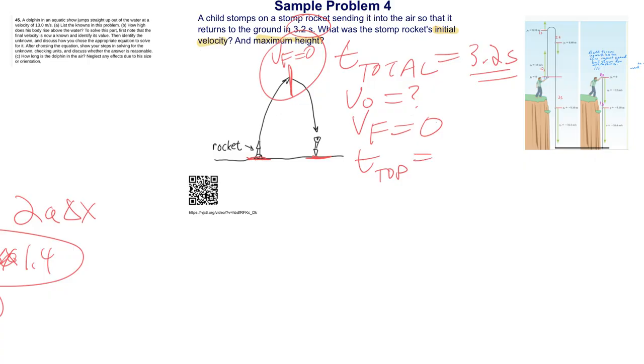So time at the top equals the total time divided by 2 because it's symmetrical. Okay, so that'd be 1.6, right? No, 1.5 plus 0.1. Yeah, 1.6.